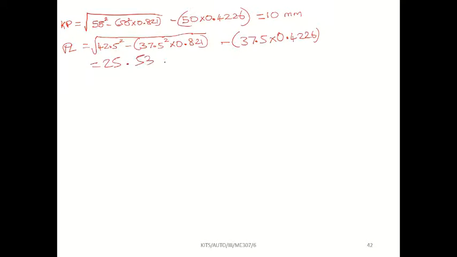For this term, 37.5 into 0.4226. Answer is 15.8.